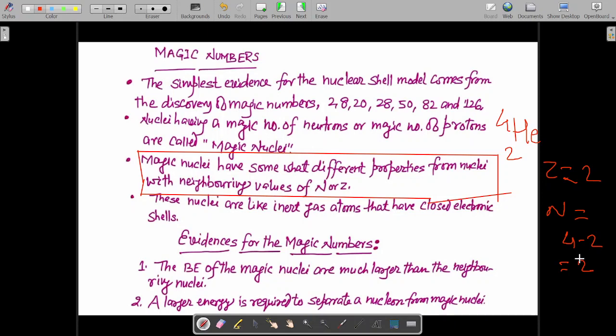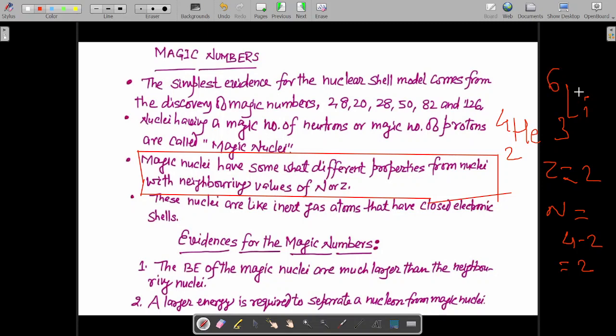Now if we consider some neighboring nuclei, then what will happen? Suppose we have lithium. Lithium is Z equal to 3 and atomic mass number equal to 6.